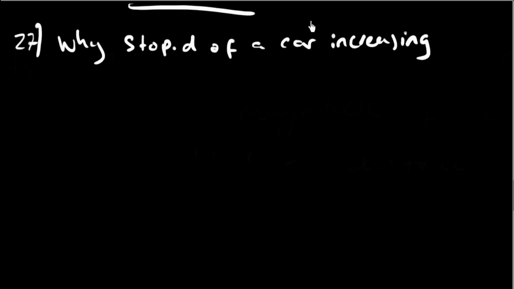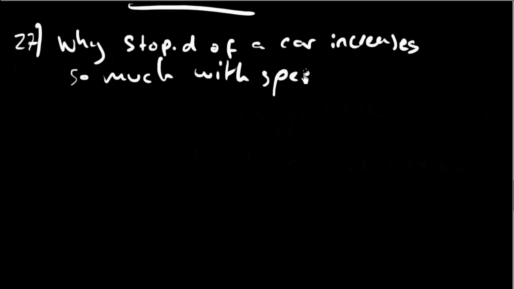Why the stopping distance of a car increases so much with speed. It's not proportional. If you're going at 20 and then you're going at 40, the distance doesn't double, the distance is like 4 times as much. So why does that happen? Why is it not really proportional and more dramatic than that?